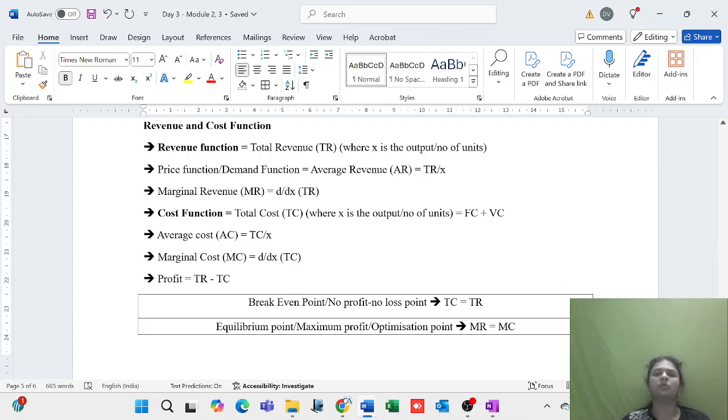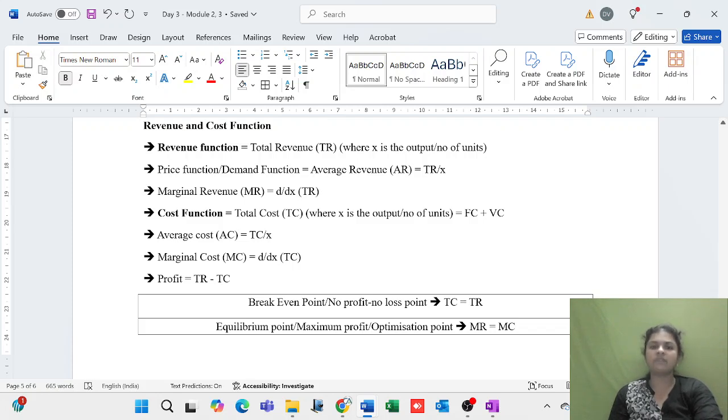They can either use the variable x or the variable q. This x or q is nothing but the units of output. It is the actual number of units for which you will have a total function.